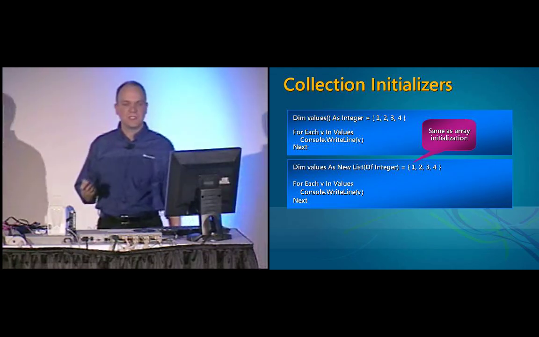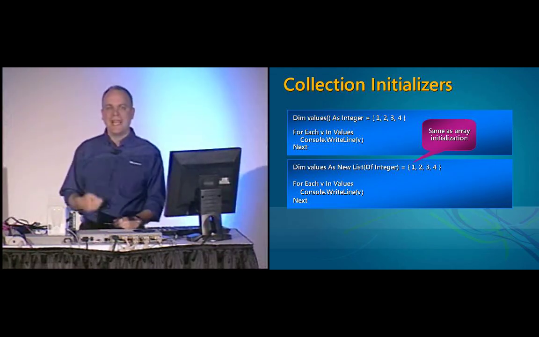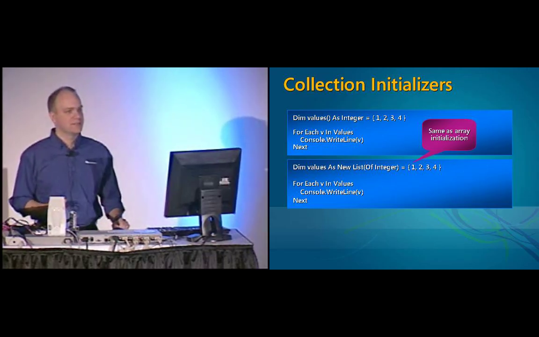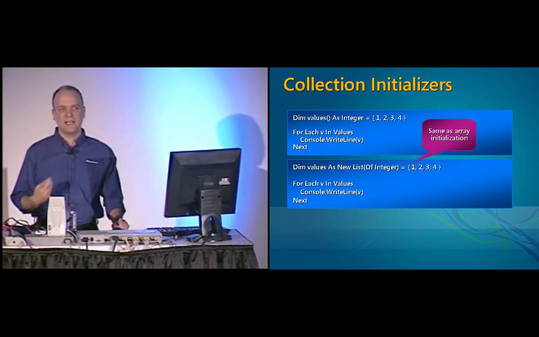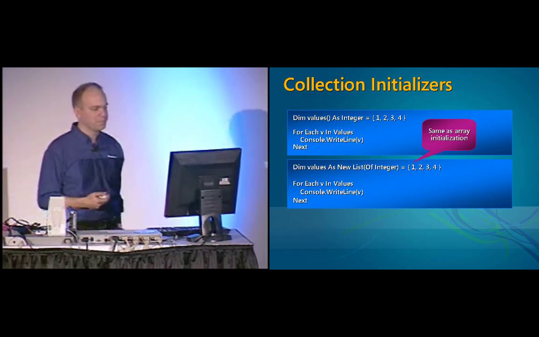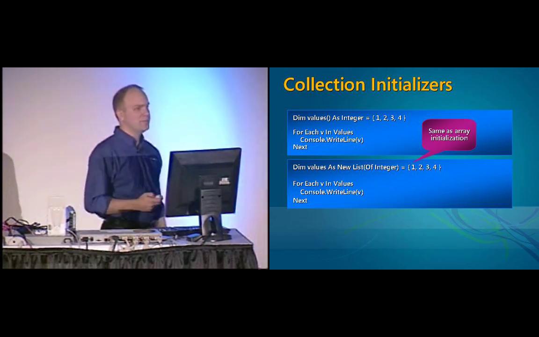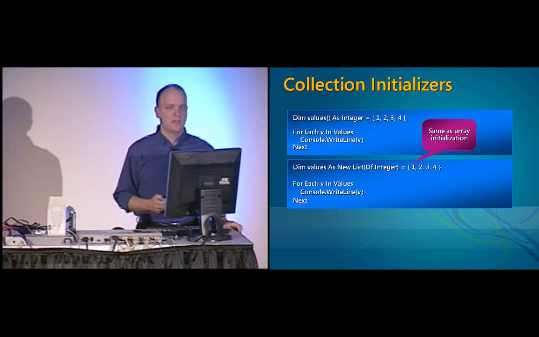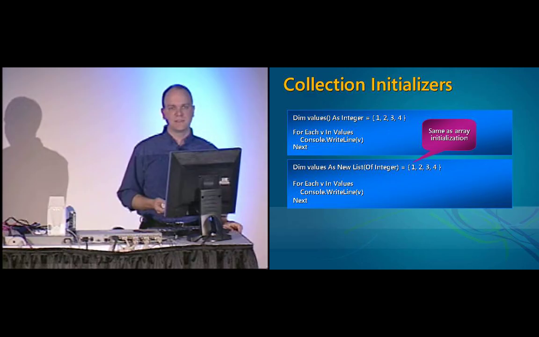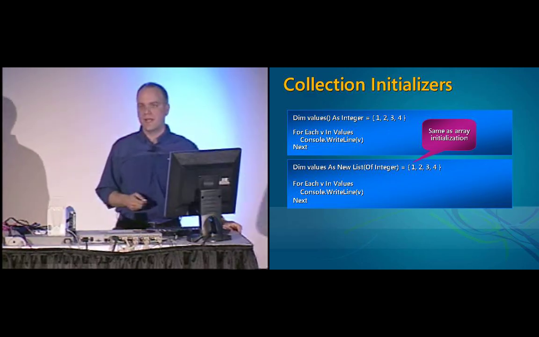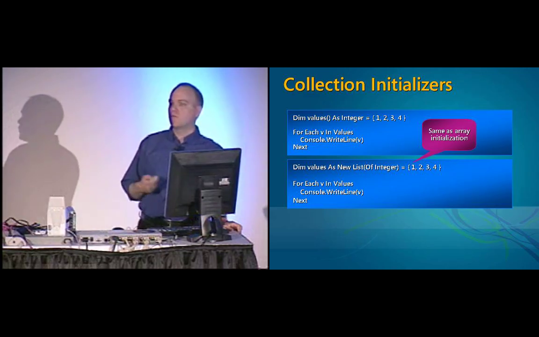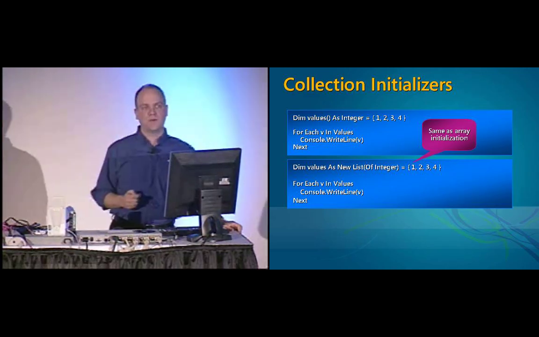Basically, just like array initialization, any object that implements the IList interface, which is an interface that allows for adding new elements to a collection, can now be used in the same initialization syntax that you're used to with arrays. So this is incredibly powerful for working with things that are not just arrays.